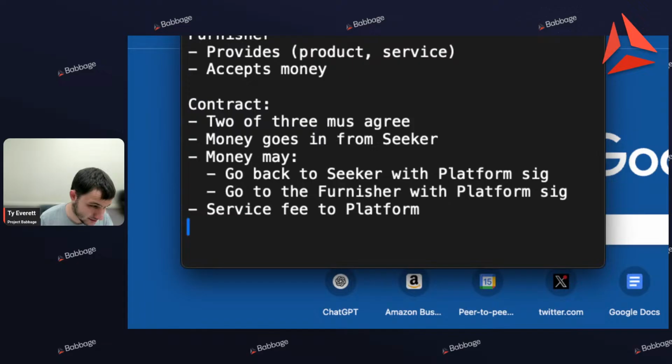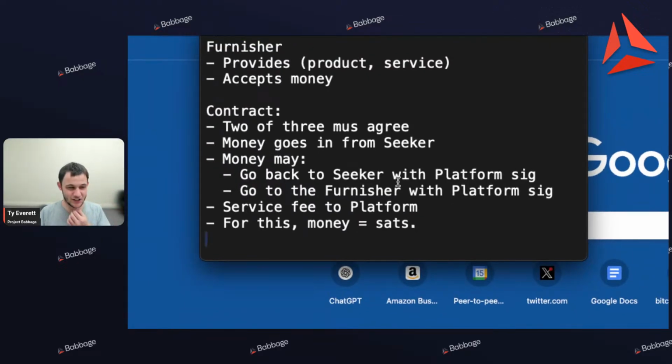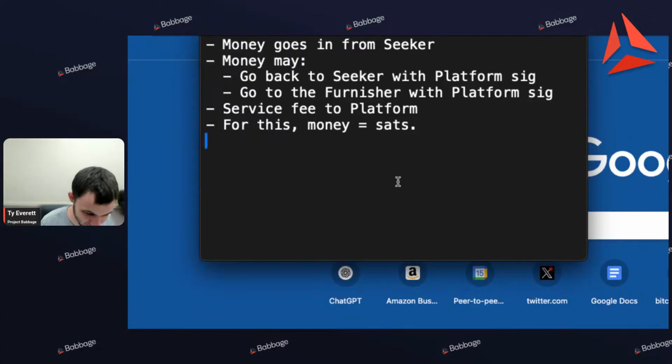And in this case, we'll make some of the more fundamentally thinking people about BSV happy by saying money equals Satoshis. So for a simple contract, we can say money would equal Satoshis.